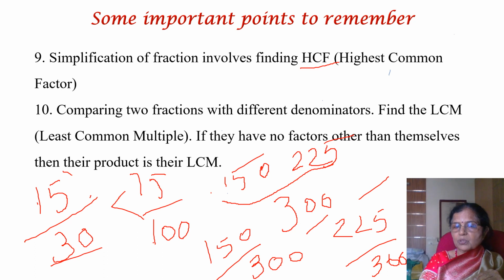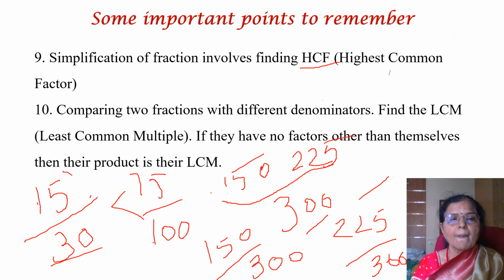Then you get both. So you are rewriting the fractions: instead of 15 by 30 and 75 by 100, which have different denominators, you give a common denominator to both fractions, 150 by 300 and 225 by 300. So we can easily compare which is bigger. We know that 225 by 300 is greater than 150 by 300. It's as simple as that.